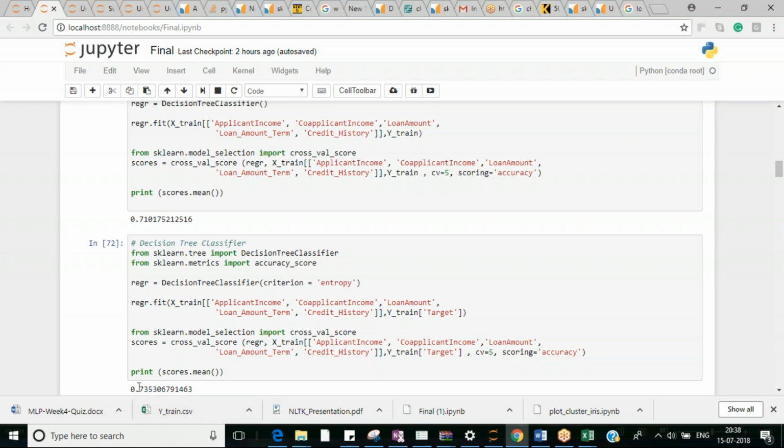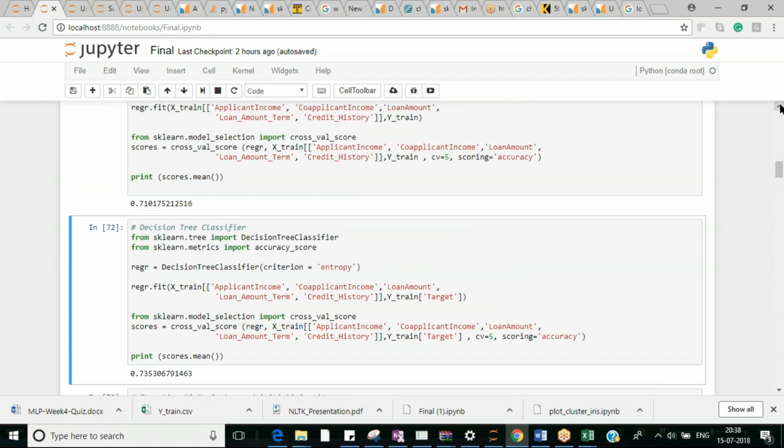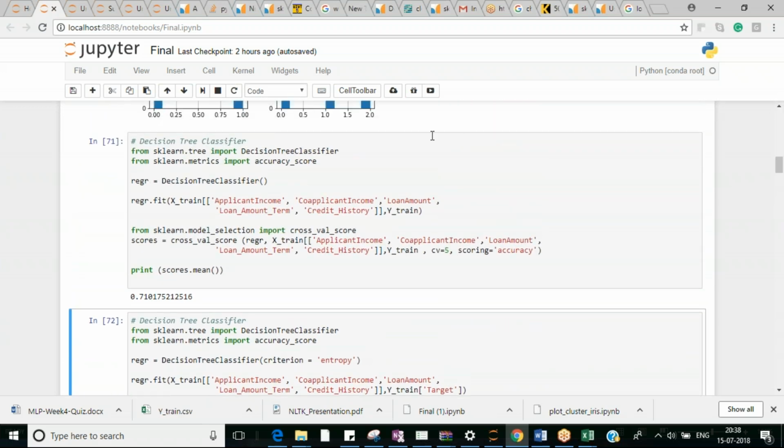And you see that the accuracy has improved. Can anyone say why it has happened? Why has your accuracy improved? We have just introduced the criterion, right? We have not done anything else.